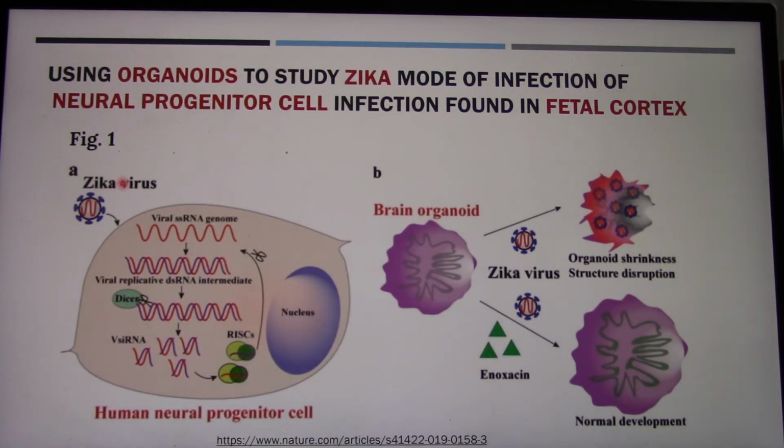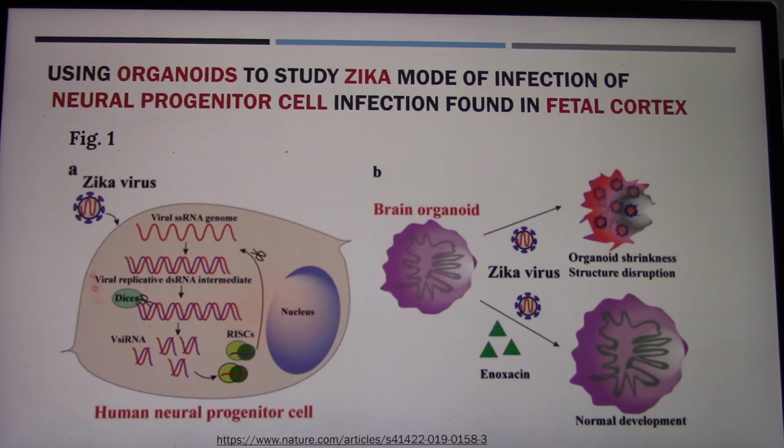And on the left, we've got Zika virus infecting a cell. So this would be a human neural progenitor cell. And the virus is expressing as a single-stranded RNA genome. Then it's going to replicate itself. So we're going to have RNA replication. And then Dicer is going to recognize this double-stranded RNA and cut it up and try to fix it.